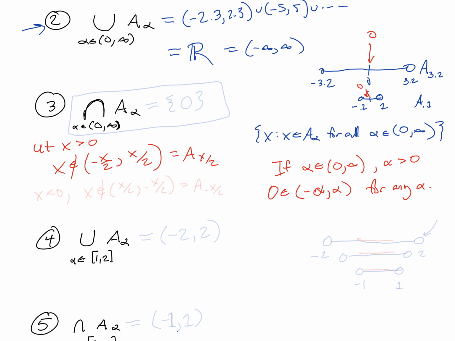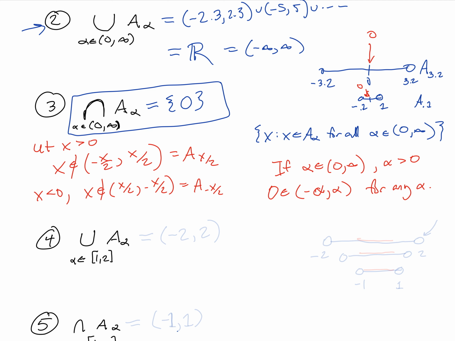Similarly, for x less than 0, x is not going to be in the set from x over 2 to negative x over 2, which would be A sub negative x over 2. So if x is not equal to 0, it's not going to be in at least one of these sets. Therefore, the only element in every single one of these sets is 0. So the intersection of these sets is the set containing only 0.